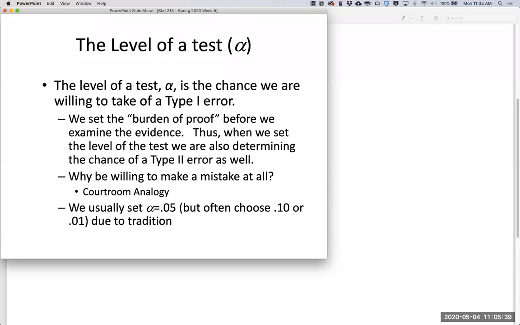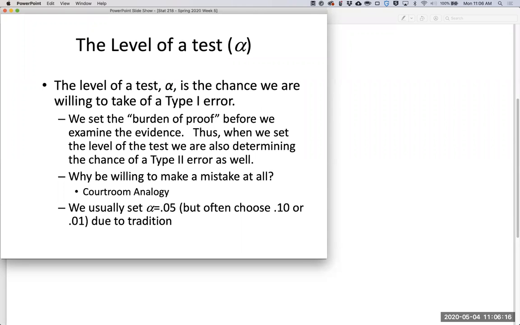In a court of law, to lower your chance of falsely voting for guilt, the judge can tell the jurors, don't vote guilty unless you're willing to bet your own life on the guilt. That's going to take some of the people who might have voted for guilt and cause them to vote non-guilty instead. So it's going to change the outcome. Or the judge could issue a different set of instructions, again swaying the jury one way or the other.